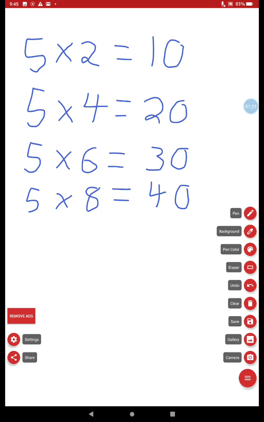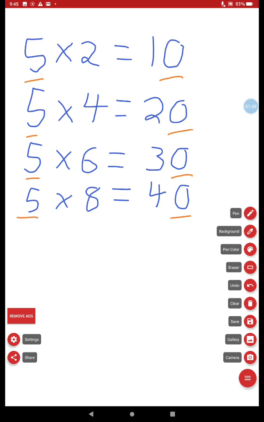Now let's take a look and point out everything we notice that's in common. Well, 5 appeared. Yep. That's in common. What else is in common that's really obvious? Oh, each one ended with a 0. Okay, well that's a pattern. 5 times something equals a number that ends with 0.